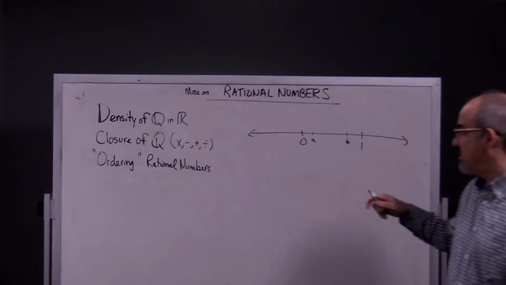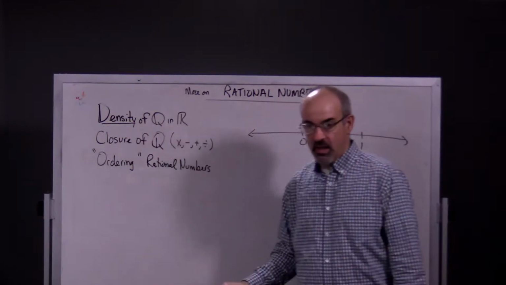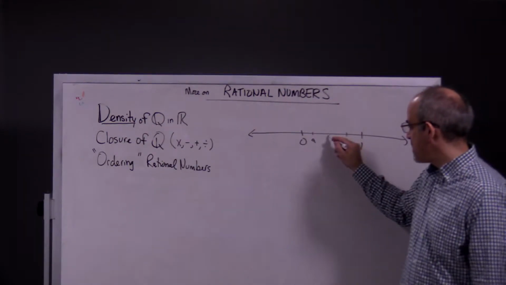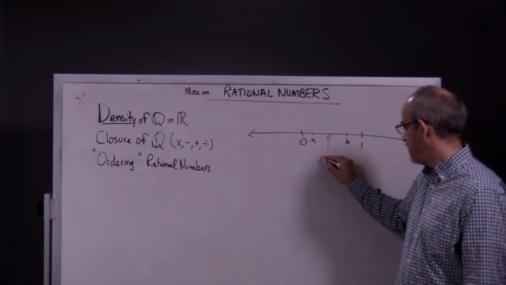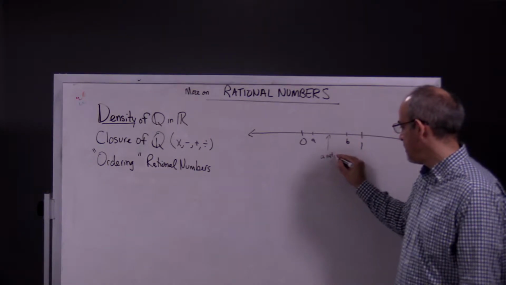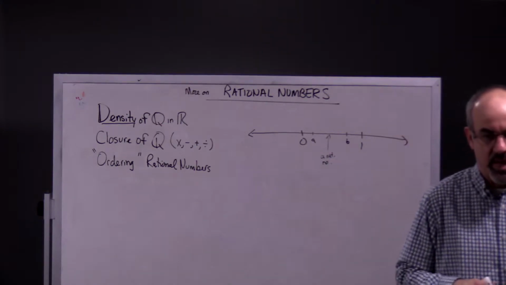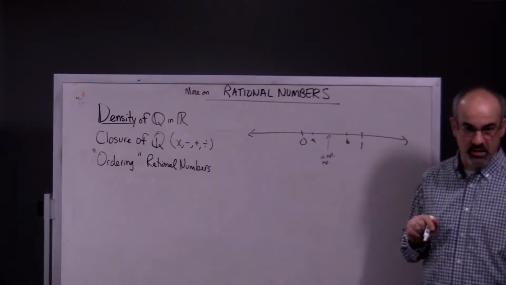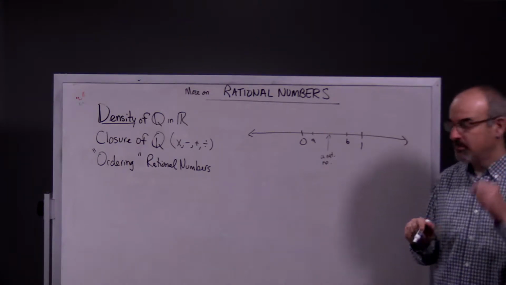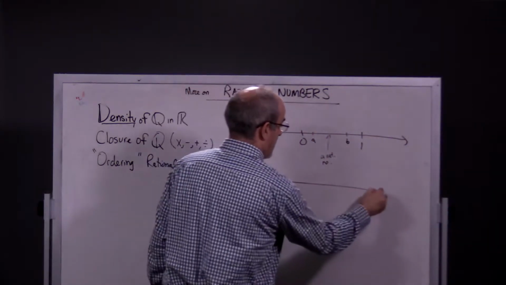Well, what this is saying, the fact that there's density, means you can always find a rational number. There's going to be one rational number. I'll just write a rational number. There will be one. It doesn't matter what these 2 real numbers are. There will be a rational number in between them.